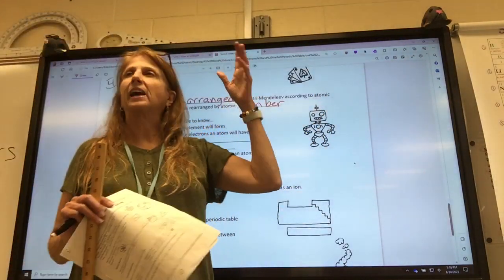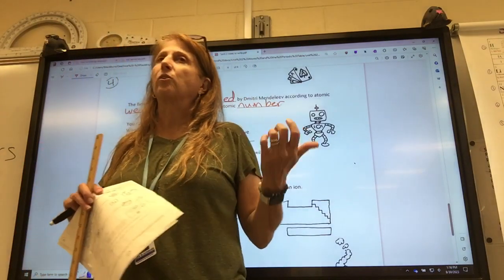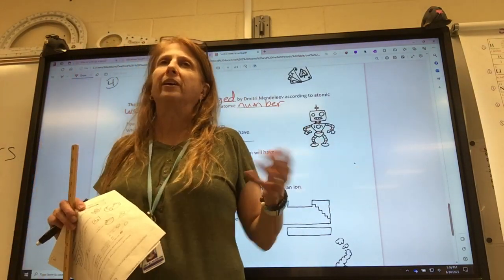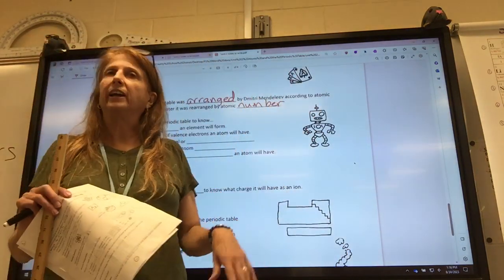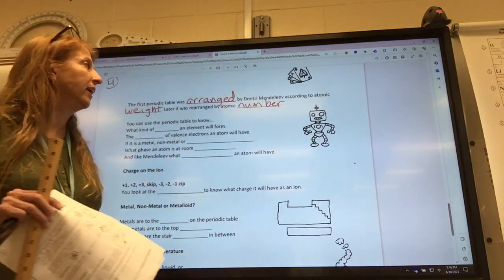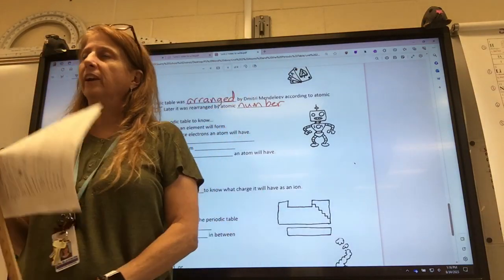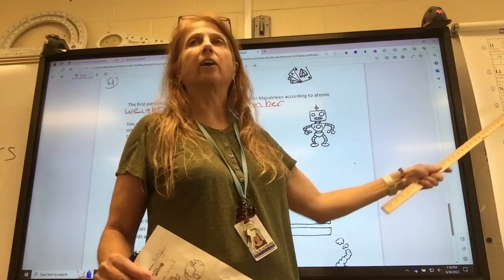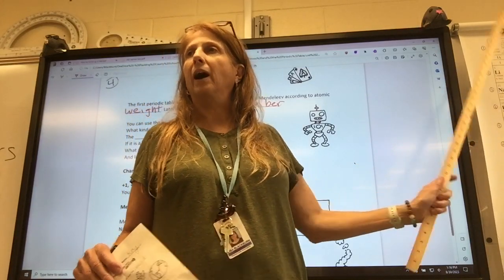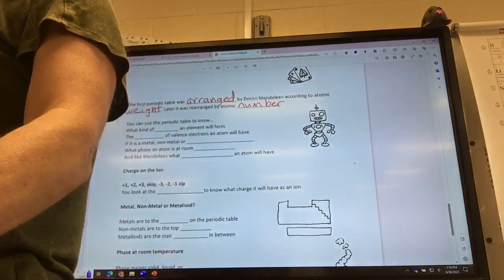By the time he discovered it, he was still a grad student, but he had settled down, he was married and had a kid. But we can still imagine wild man Dmitry at the bar drinking his vodka and figuring out the patterns of the elements. And you can see today, they still look like little playing cards almost, don't they? In their boxes. That's because it came from him.